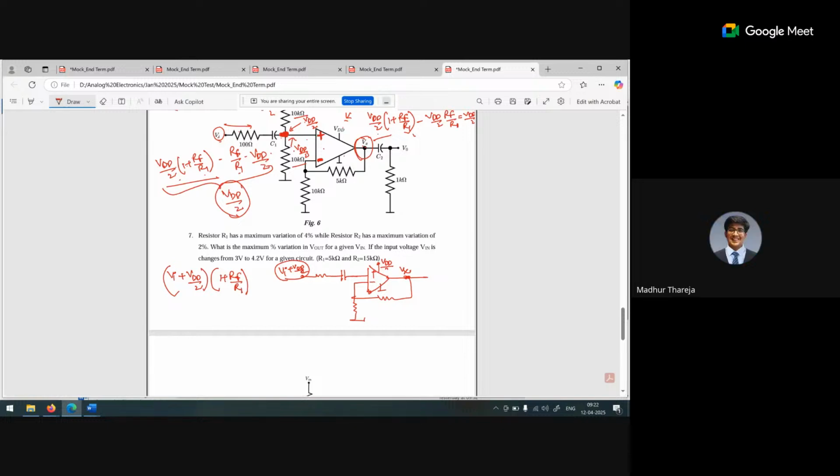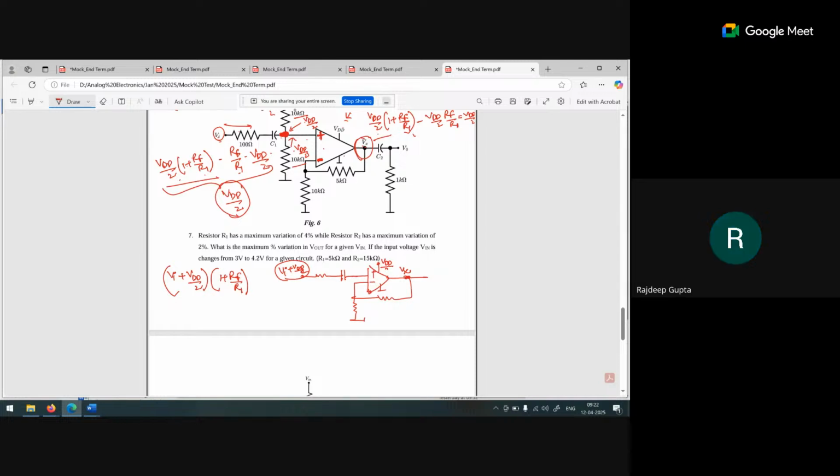It's just a battery, infinite capacitance. When you are giving this voltage, this capacitor will be charged to the voltage, and this charge will be applied at the positive terminal of the operational amplifier.